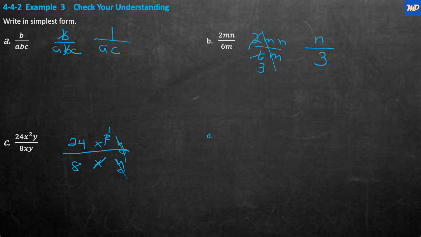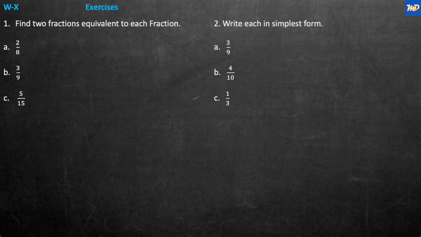And then the 24 can be divided by 8, which is 3. So the 8 disappears and ends up being a 3 on the top. So the solution is 3x, there's no y, divided by nothing, or divided by 1, or simply 3x.